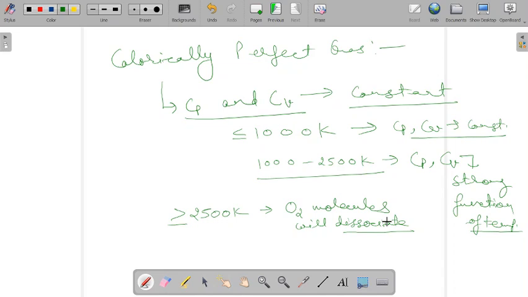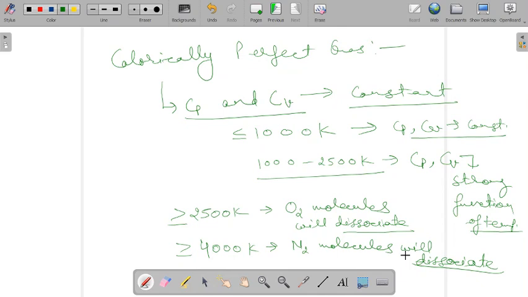Okay, so this you can say is a typical situation for a hypersonic flow. And at temperature greater than or equal to 4000 Kelvin, you will experience that N2 molecules will dissociate. Okay, so here we will have even dissociation of the N2 molecule.